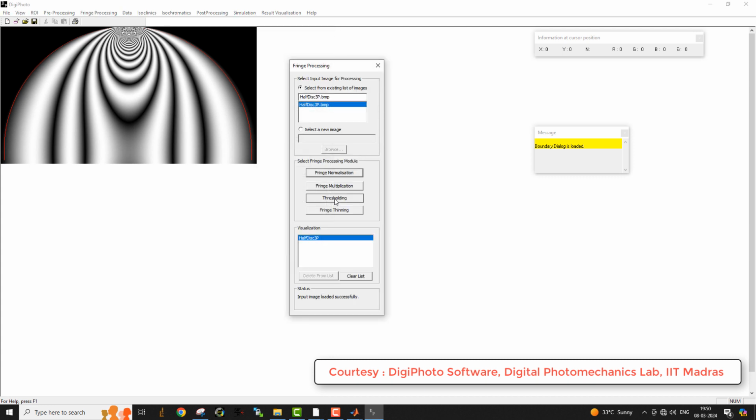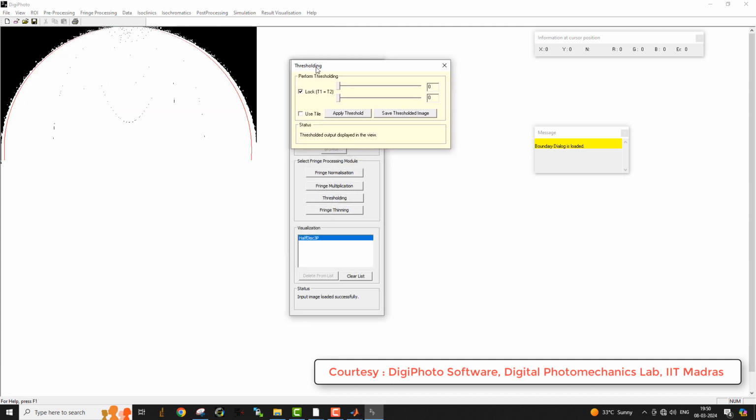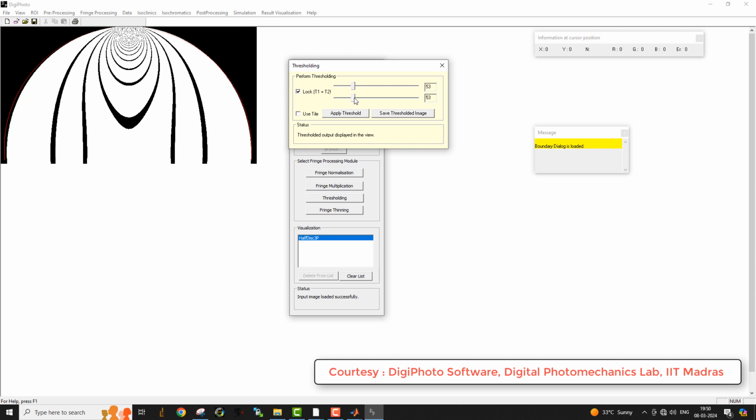So, let us say that I go for thresholding. Presently I have put 0 threshold, so nearly everything is white. As I go on increasing the threshold, we are able to see some bands. At the loading point, this is the low fringe gradient zone, whereas that is the high fringe gradient zone.